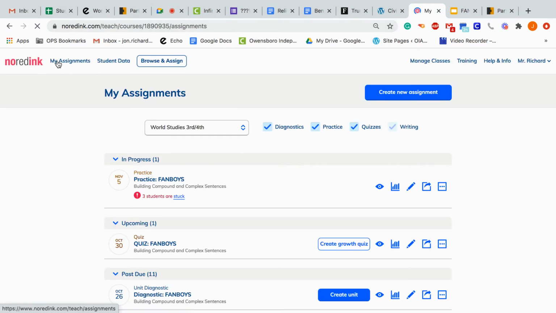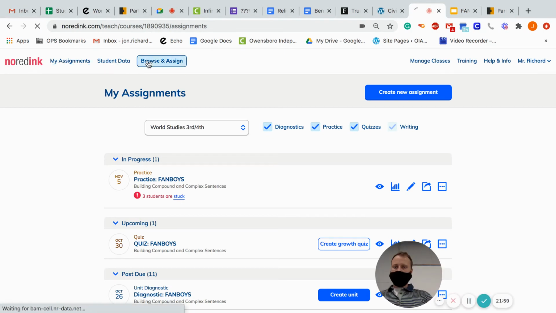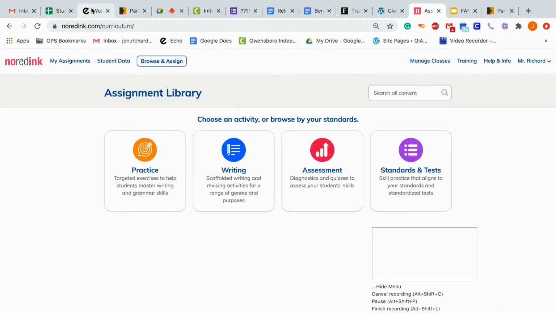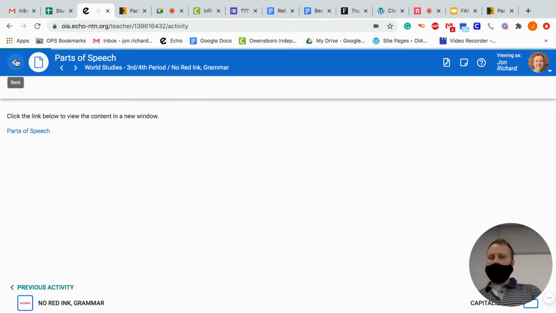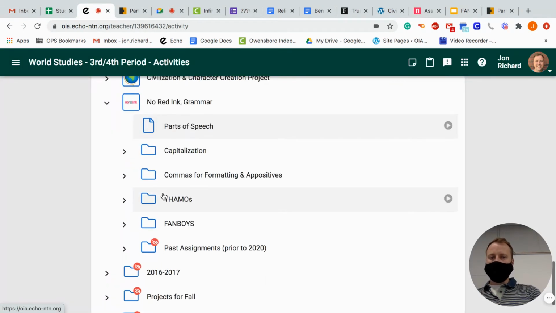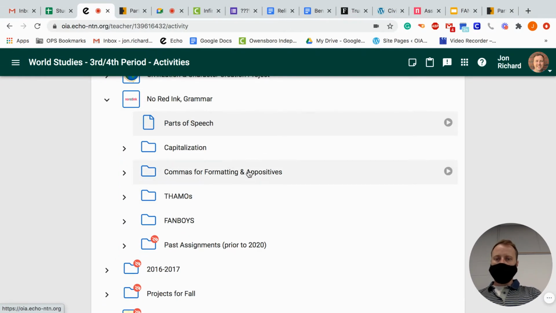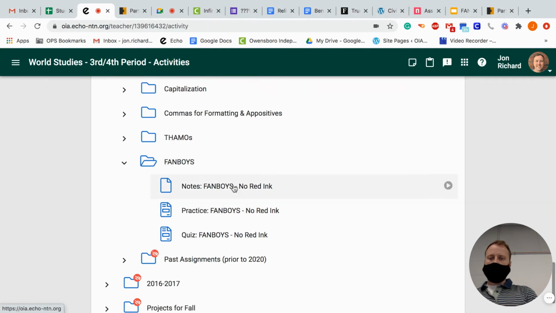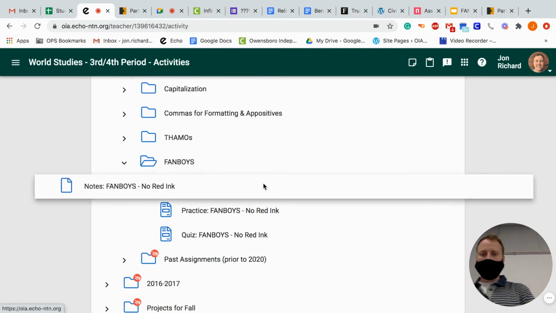And look at some examples. Now, in Echo, I do have all those practices available to you in your NoRedInk folder. You're looking at NoRedInk right now. In this Fanboys folder, you can see all the notes for Fanboys. I'll go ahead and open that up for you.